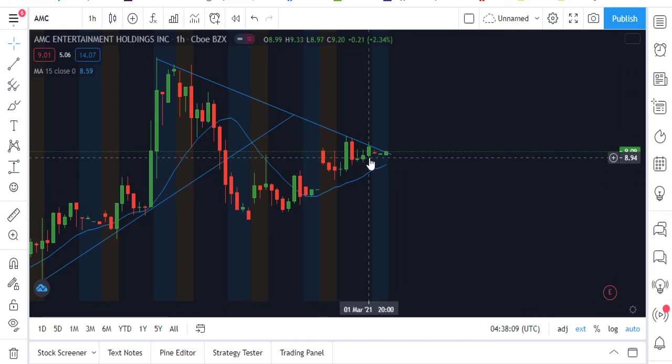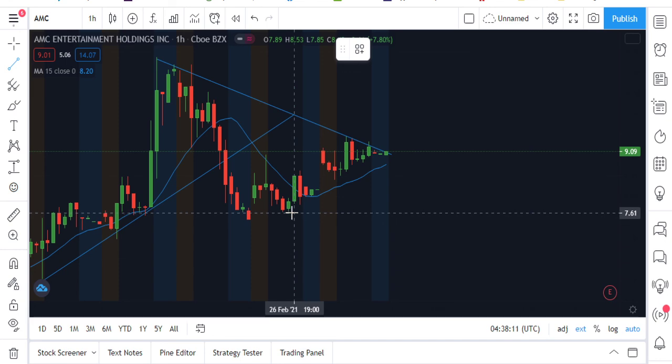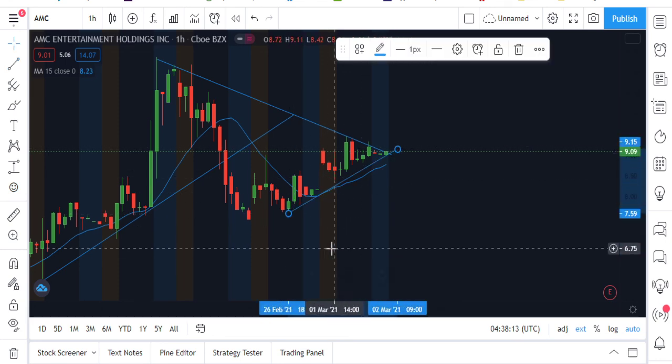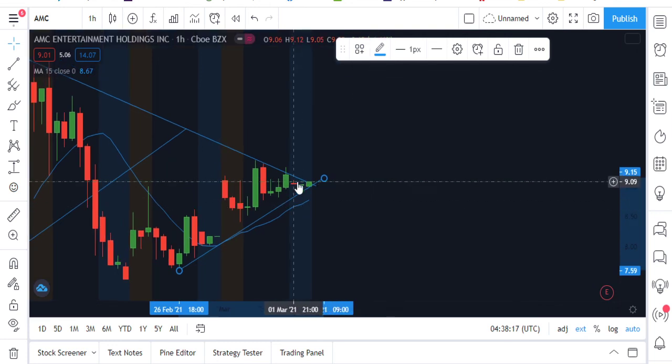Then see how it's kind of forming another triangle right here. See that little triangle right there? If it crosses right here, it's going to explode past. If it breaks, see how these candles are hitting it?